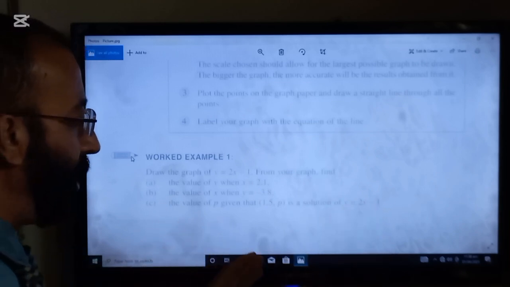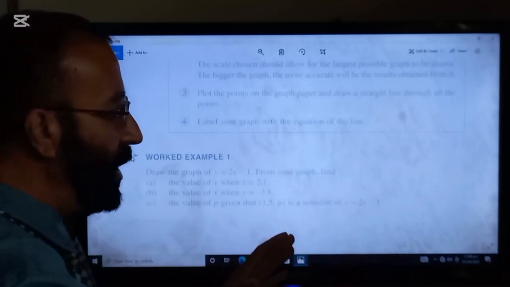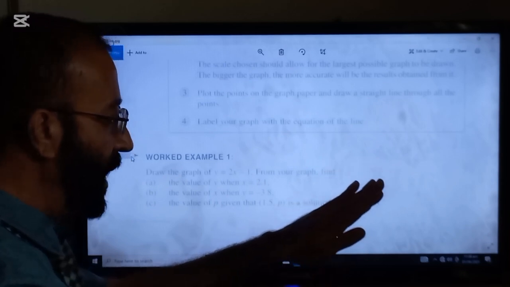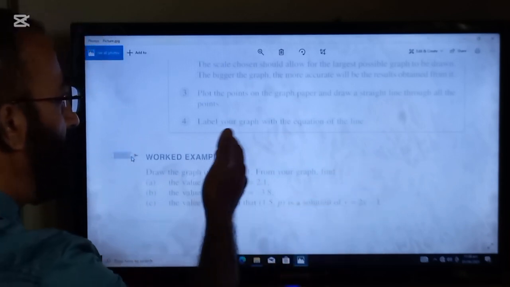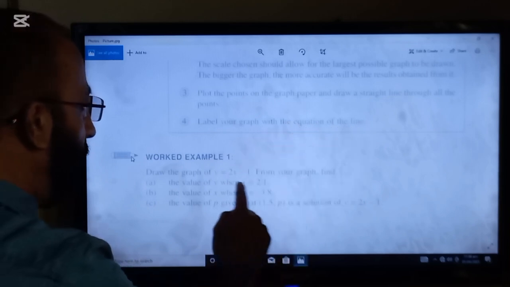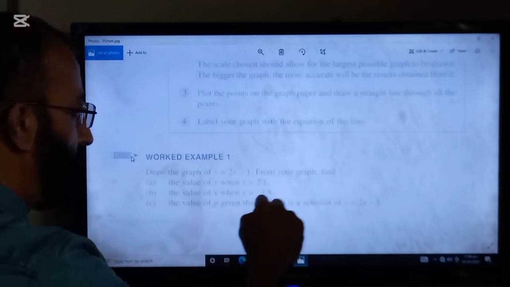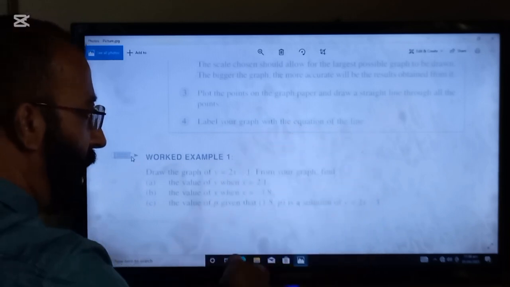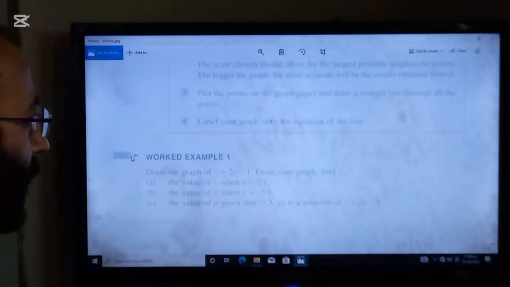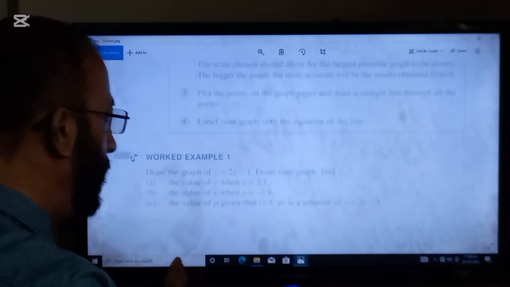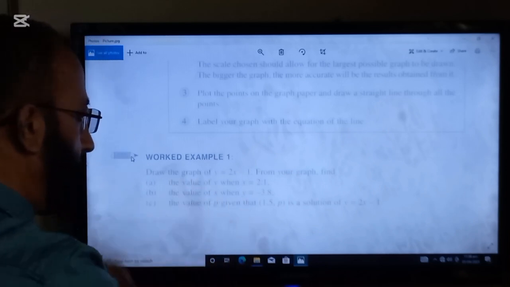And final step will be these points will be joined with the help of the scale to make a straight line. And finally, label the graph with the equation of the line. So we will label the straight line y is equal to 2x minus 1. And when this is all done, we will find these values.